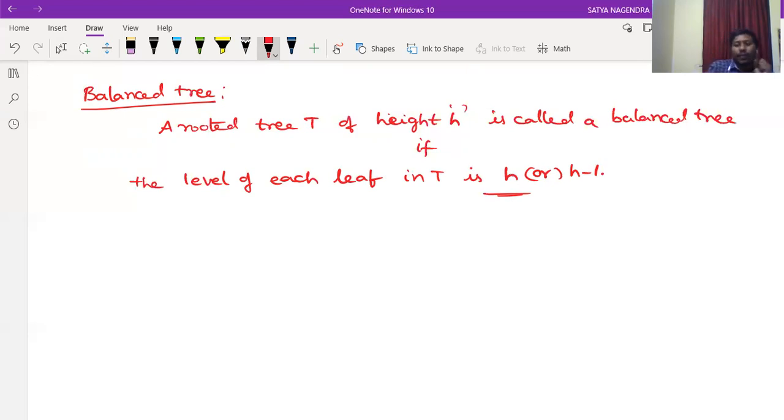Okay, level of a vertex or depth of a vertex. If they are at the level of H or H minus 1, see that I'm taking a rooted tree like this.